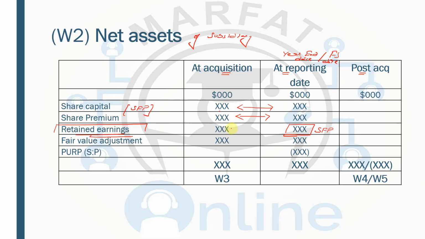Either it is going to be in the notes, which are the extra notes provided either at the start of the question or after the statement of financial position, or you need to calculate it. So retained earnings at acquisition is either given in the question, or you need to calculate it.